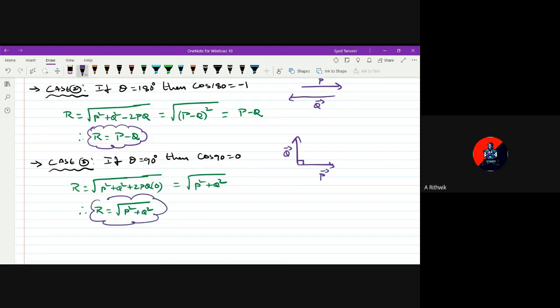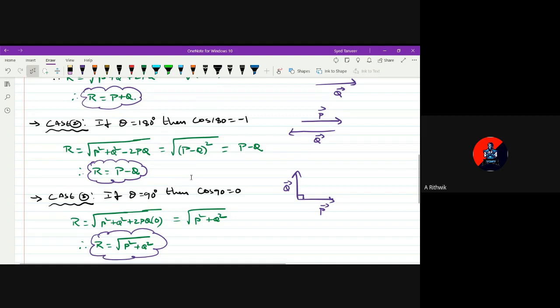Sir, in case 2, how did we know that vector P is in that direction and Q is in this direction? Take vector p in this direction, take vector q in that direction, then also you'll get the same thing. You'll get the difference, that's all. Then why did you take minus 2PQ, sir? How much is cos 180?